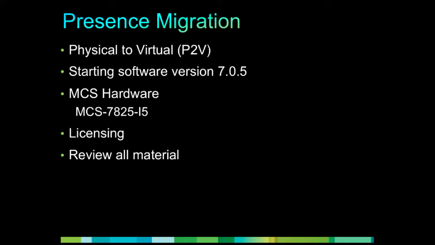Like I mentioned before, there are some things that I'm going to be skipping in this particular video as far as doing your virtual machine creation, doing DRS backups, restores, things like that. I've covered those in the last couple of videos. Those are exactly the same dealing with presence as they are with Unity Connection and Communications Manager.